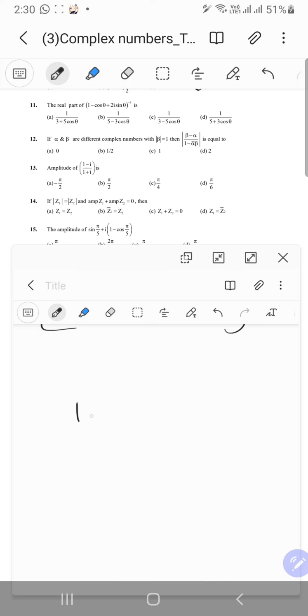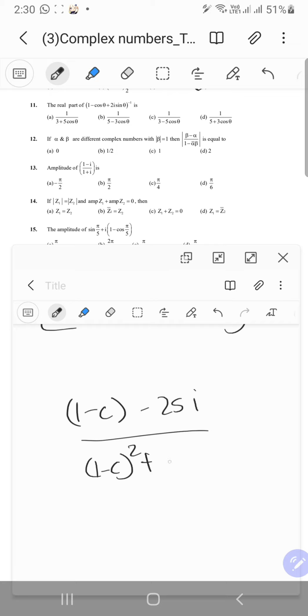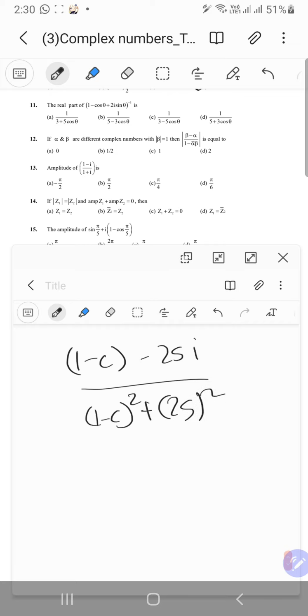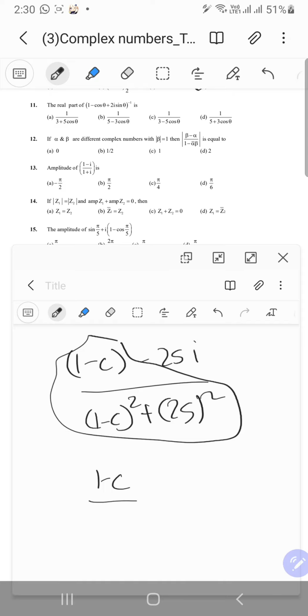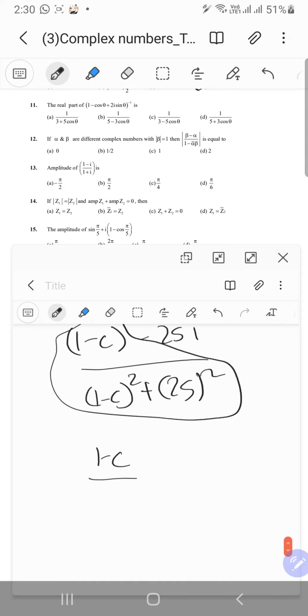So 1 minus cosine minus 2 sine i, I multiply by that, and over here you're just going to get minus cosine squared, minus plus, so plus 2 sine squared. So the real part is 1 minus c upon 2 s squared, you say.